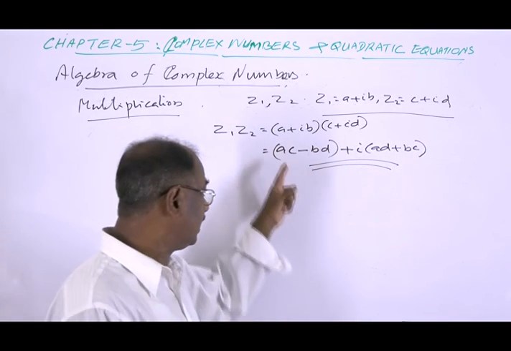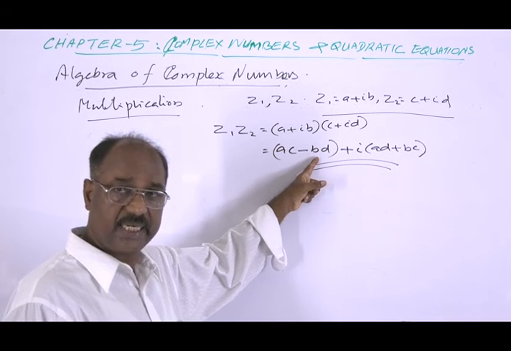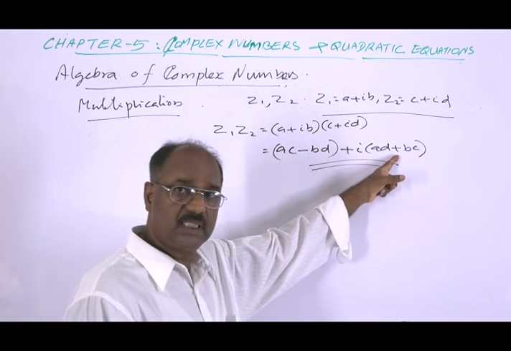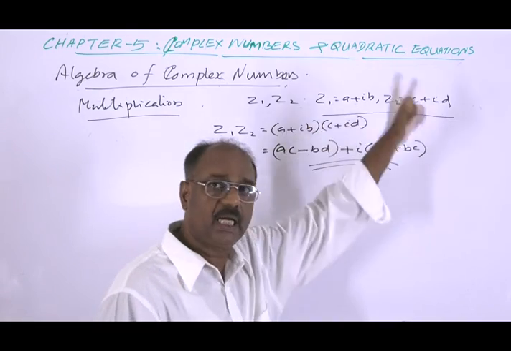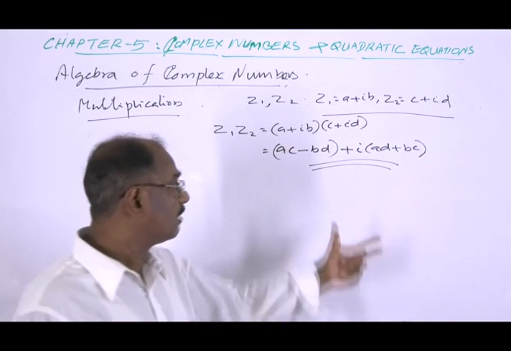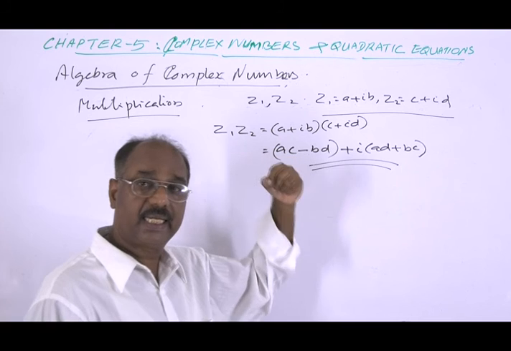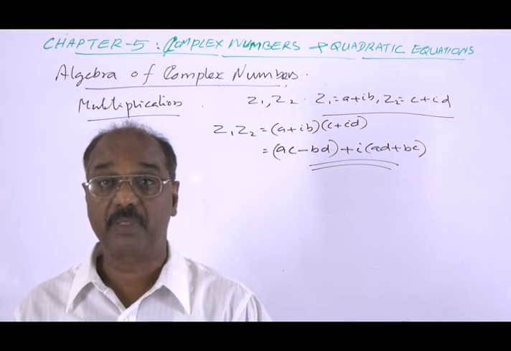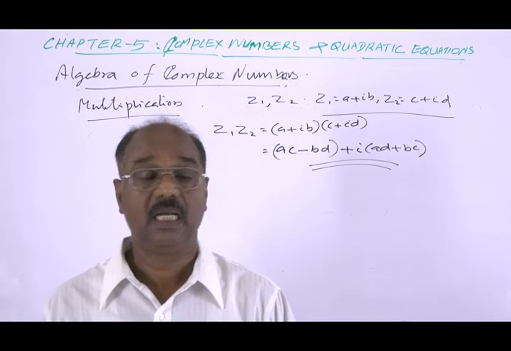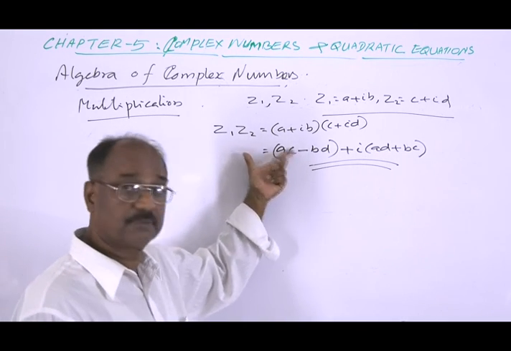Now consider AC minus BD, which is real, and AD plus BC, which is again real, because A, B, C, D are real numbers. Therefore, this is again a complex number in the standard form A plus IB, and this is the product.